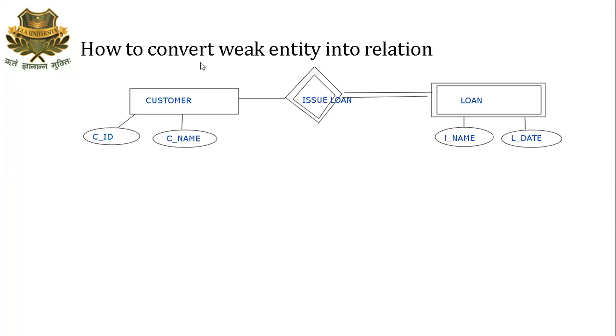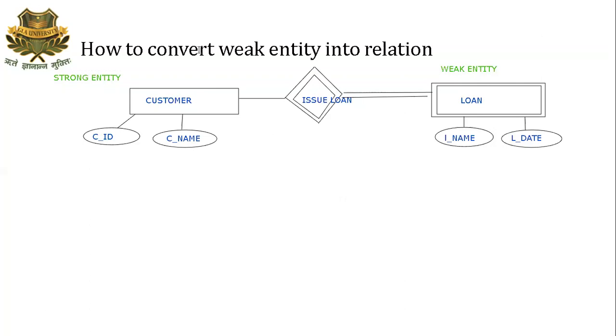This is called the strong entity, and this is the weak entity, right? So now what we have to do is convert this ER diagram into tables.